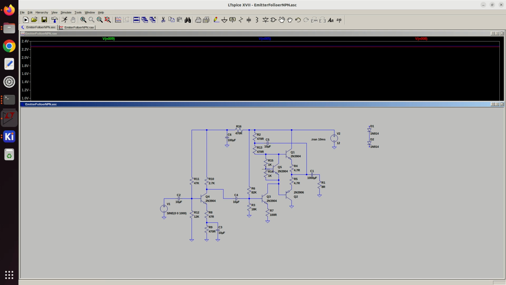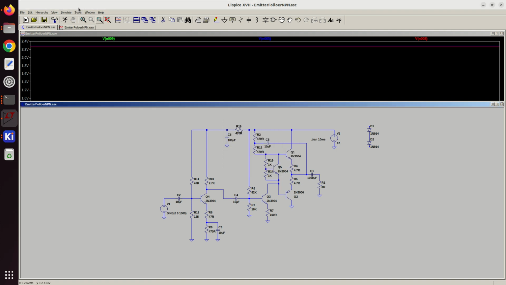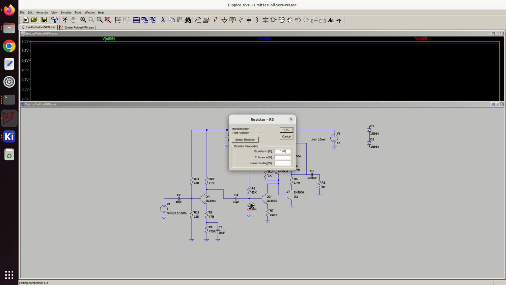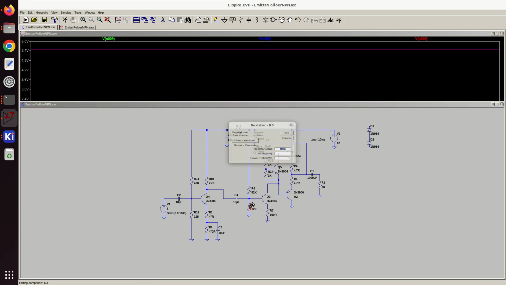Okay, so our current for this guy, I'm not sure what the generic NPN is, so let's change this to 10k and resimulate. Okay, so that's not so 12k, and we're pretty close. 11k.